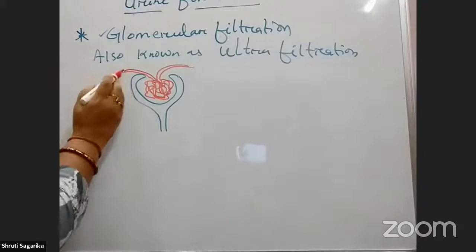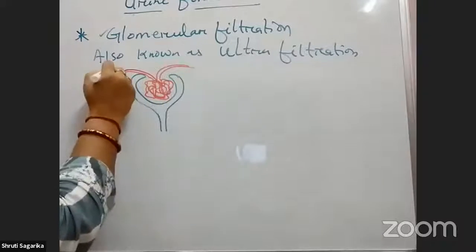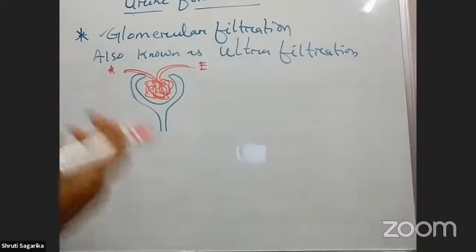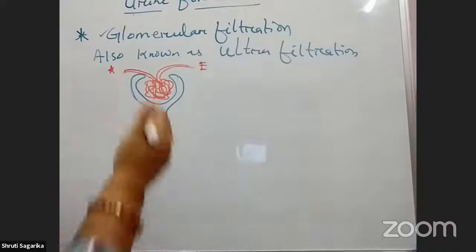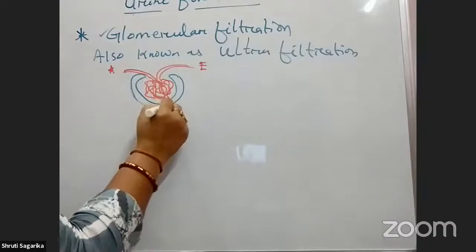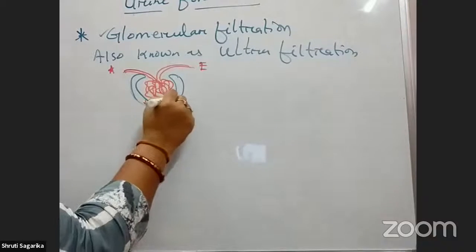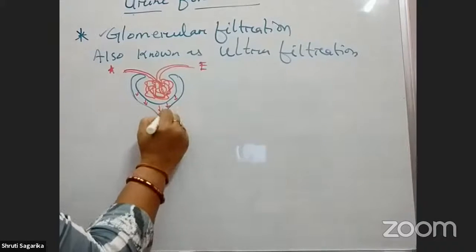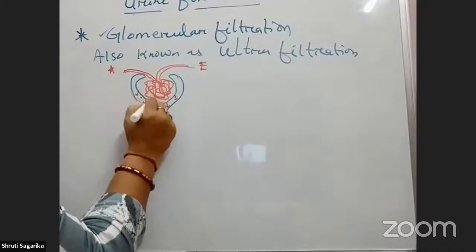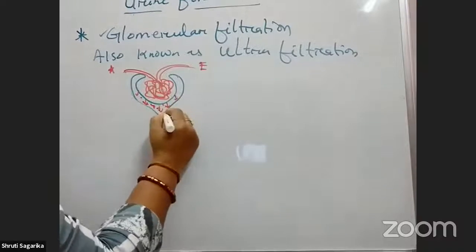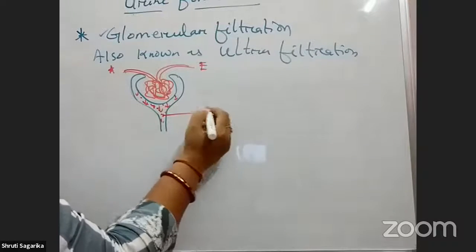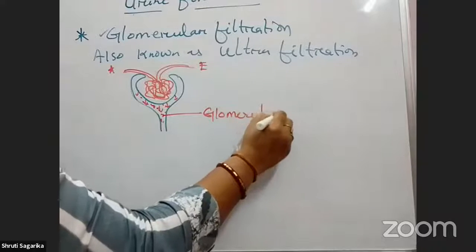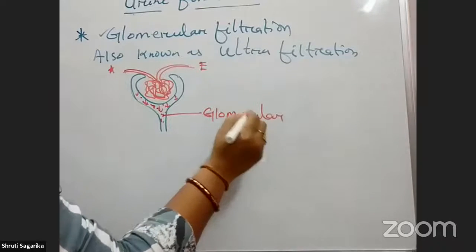Now this is the afferent arteriole and this is the efferent, so I'll write A and E. How exactly does ultrafiltration take place? Whatever filtrate comes out is called the glomerular filtrate, the filtrate which enters into the tubular part.